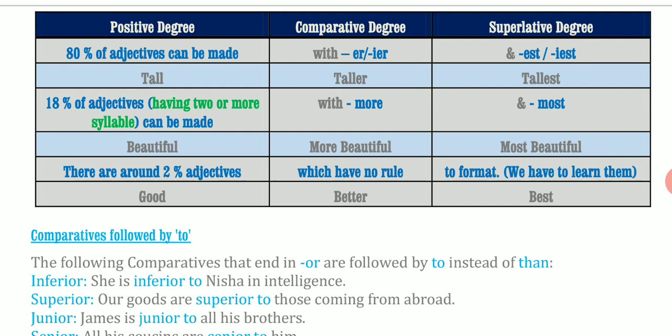There are two syllables, so more beautiful, most beautiful. There are around 2% adjectives which have no rule to form them. We have to learn them, as good, better, best. So in total we can see only 2% adjectives we are to learn, which can be done easily.